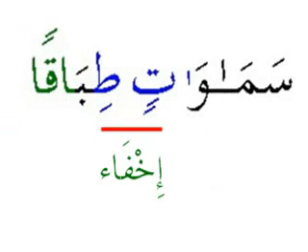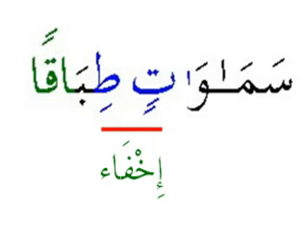The next one is Ikhfaa. So we have Samawatin Tibaqan. So the Ta with Kasratain followed by one of the other 15 letters, i.e. Ta. So we do the Ikhfaa, hiding of the Noon sound, and trying to get ready for the next articulation point.